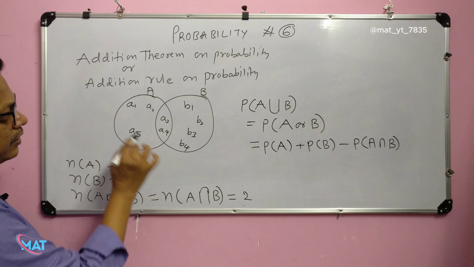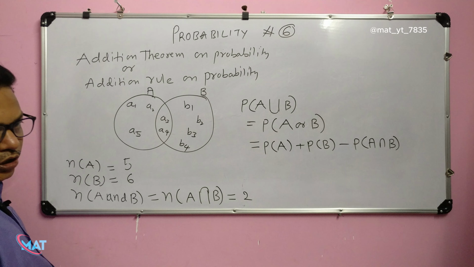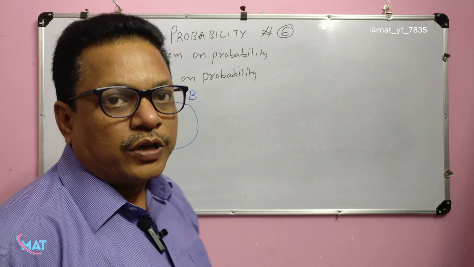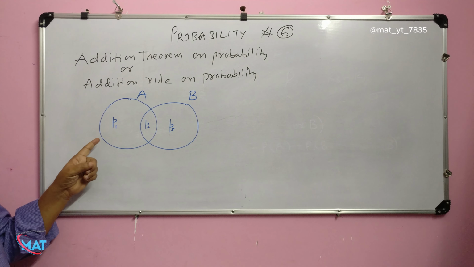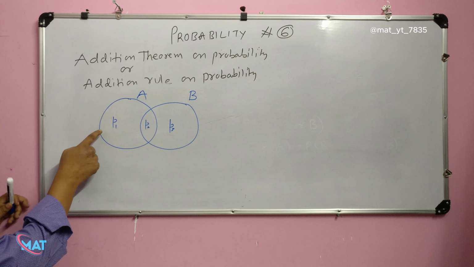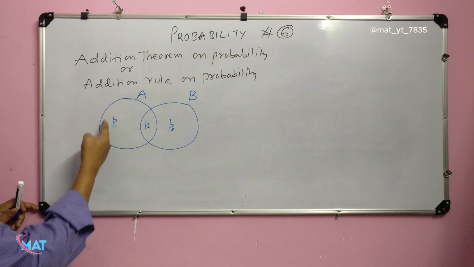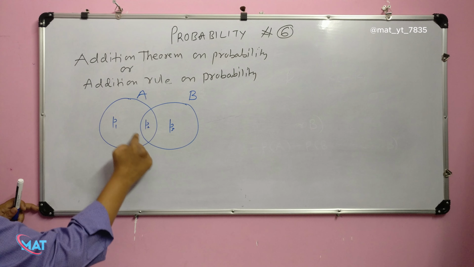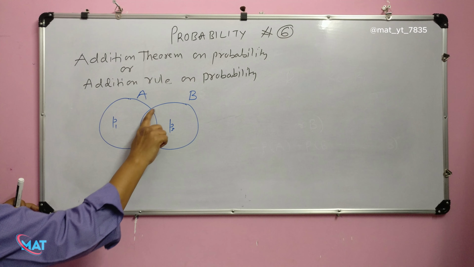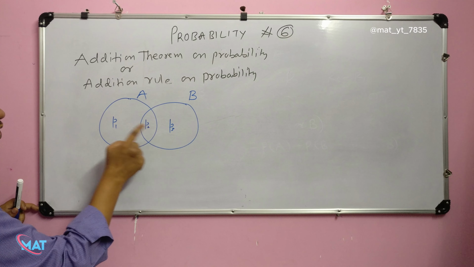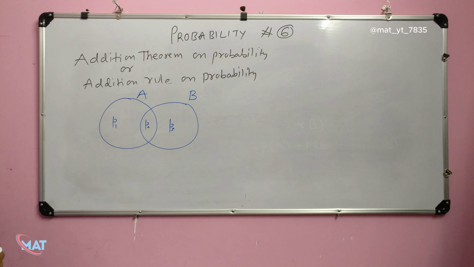I will explain it in a simple concept shortly. So this is a simple way to explain the addition theorem. Instead of elements, I took P1, the outcomes which are only in this part, P2, in both the events, and P3, only in part B without including both.